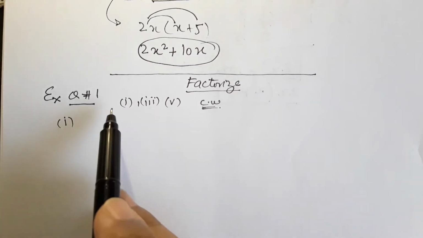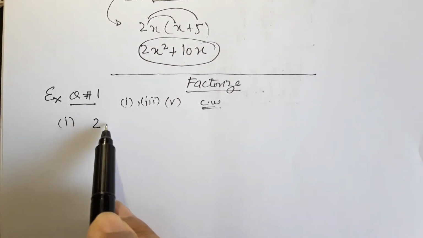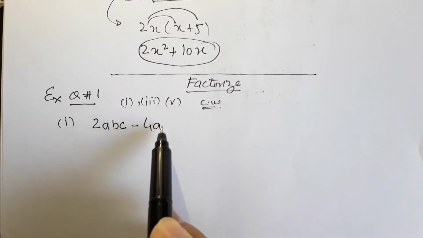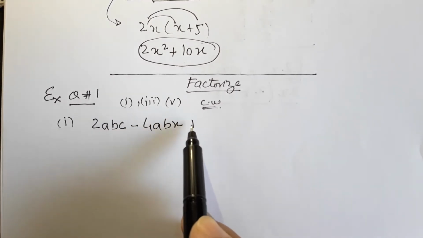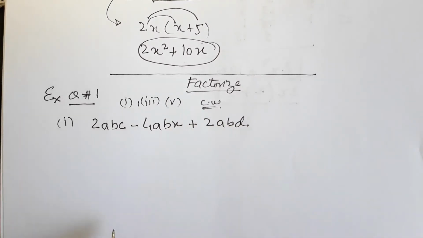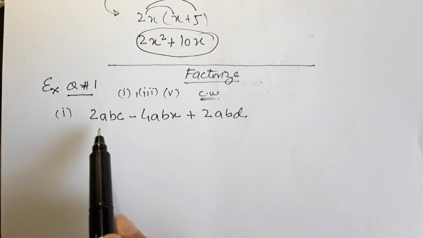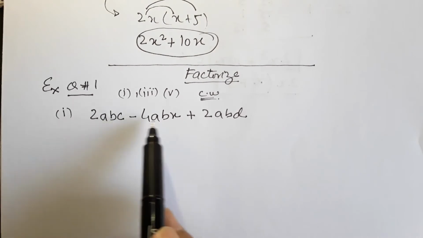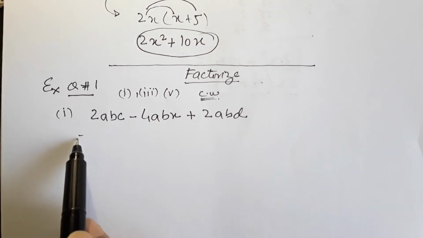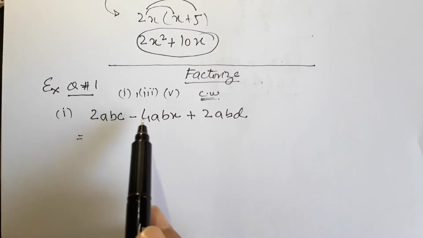In the first part it is given that 2abc minus 4abx plus 2abd. So what is common between the numbers and variables among all these three terms? 2, 4, 2.